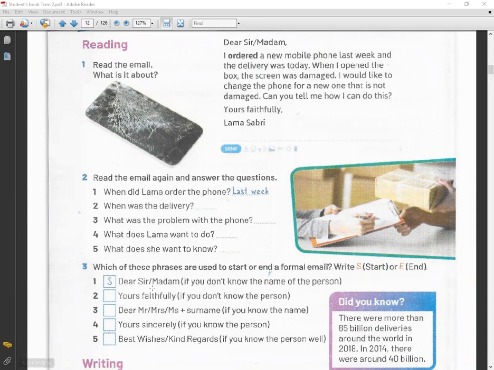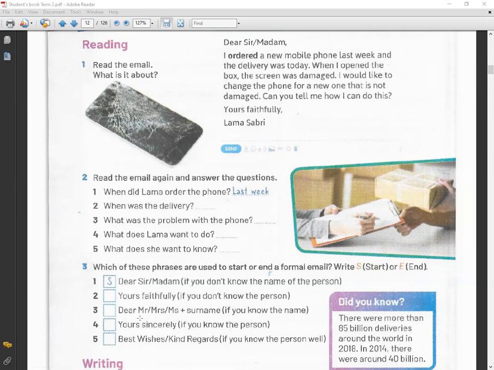Dear Sir / Madam, if you don't know the name of a person, it's a start way. Excellent. Yours faithfully, it's a way of ending a formal email if you don't know the person. That's right. 3. Also, it's a start way.